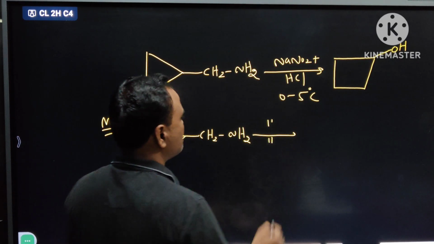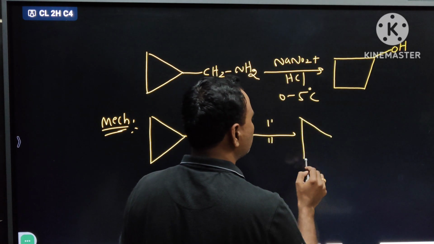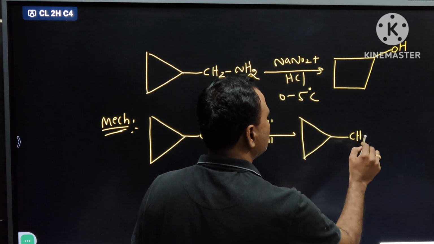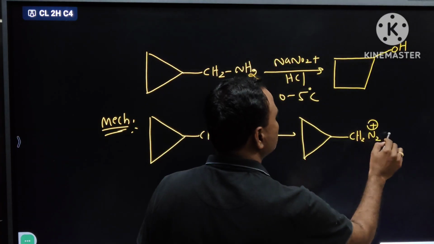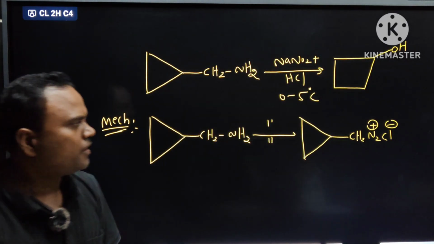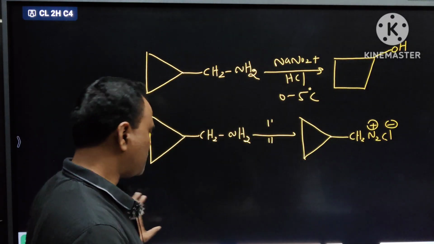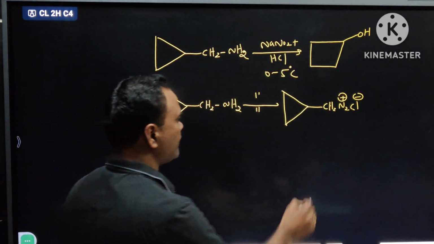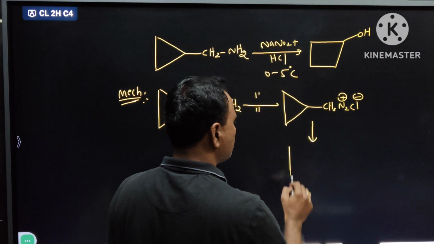Same reagent. First, what is formed? Tell me. Unstable? No. First, the unstable diazonium salt. This is unstable, so it undergoes decomposition to give a carbocation and nitrogen, a colorless gas.